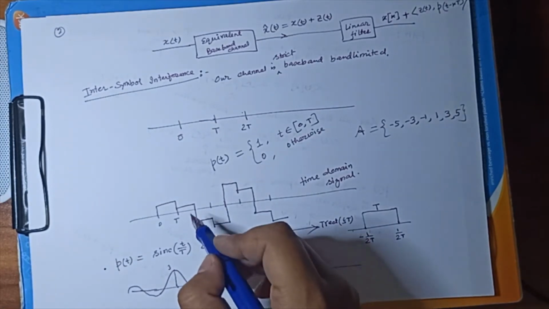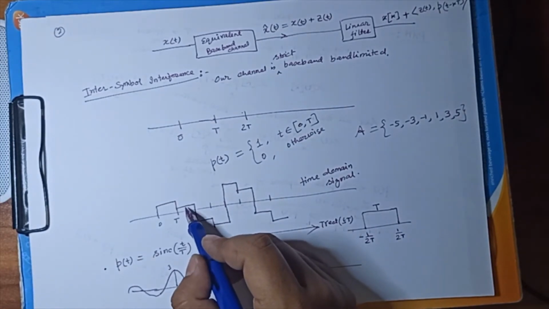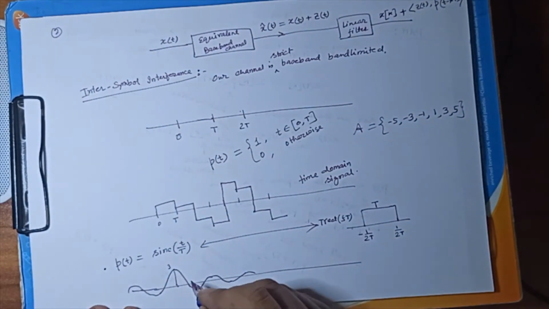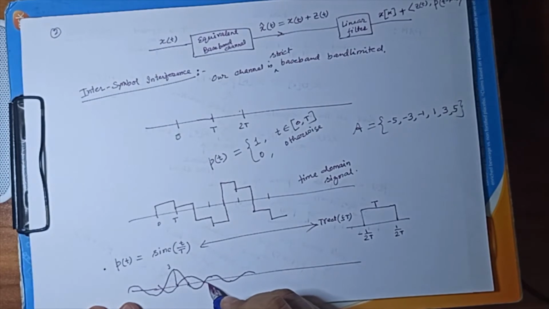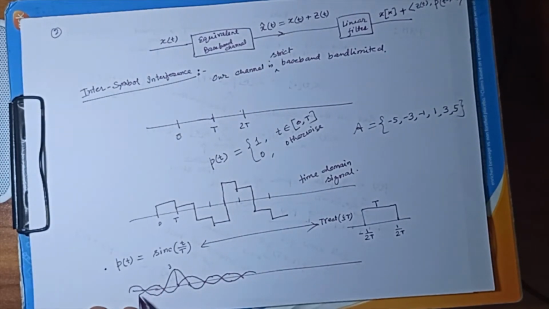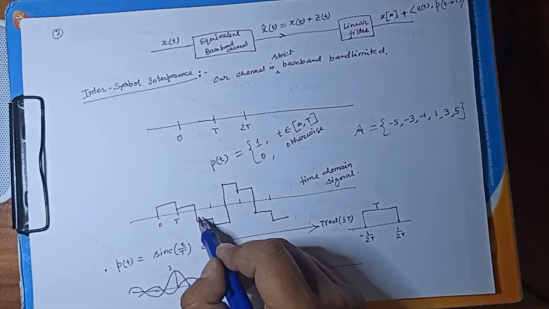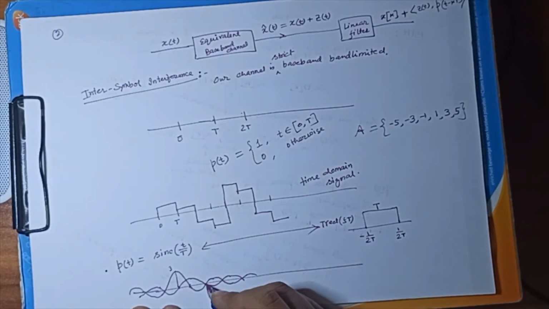In the next instant you have a sinc curve whose height is 1. My drawing is not that good here, but anyway you can understand. So you have these pulses. In the next interval it will be minus 3.